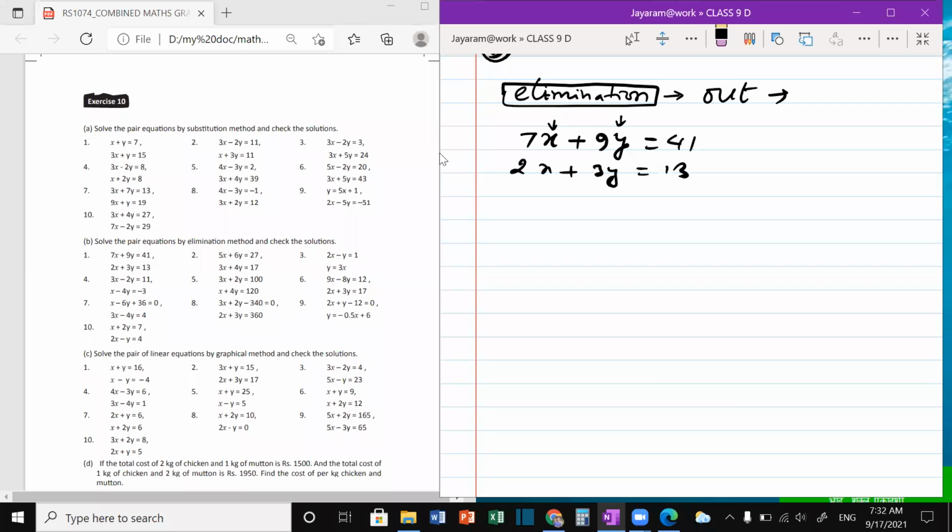In the elimination method, we have to eliminate one of the variables, either x or y, whichever is easier. Now how will the variables be eliminated? If the variables' coefficients are the same, we can eliminate very easily.